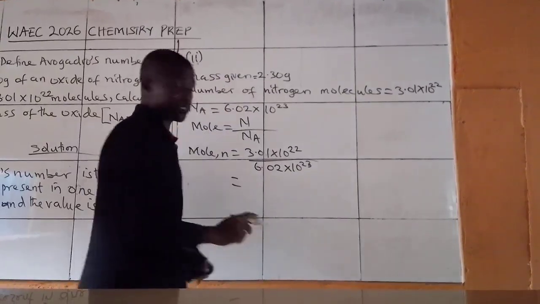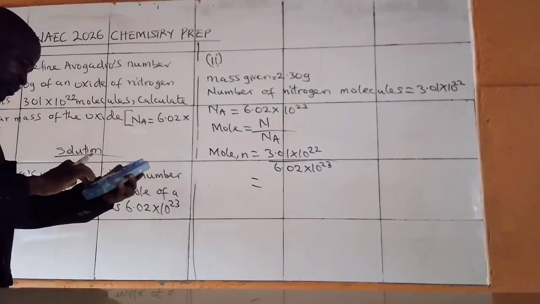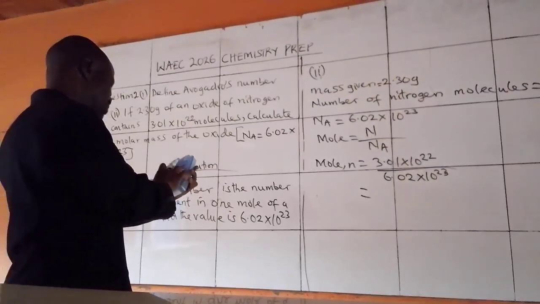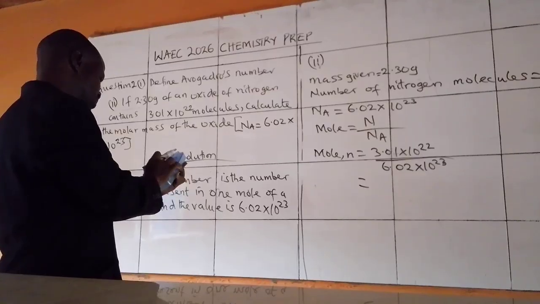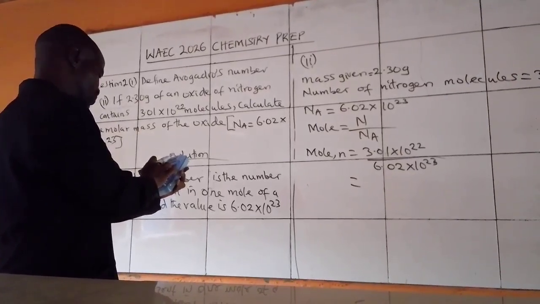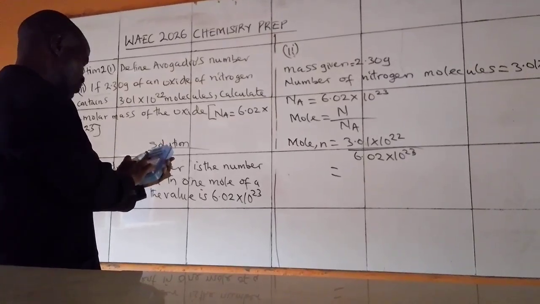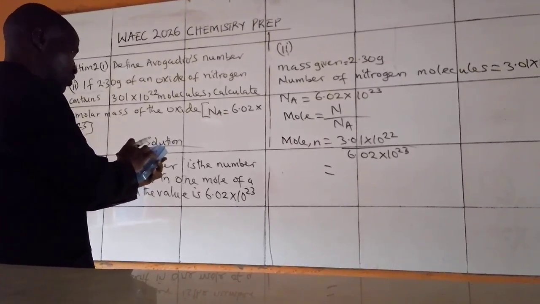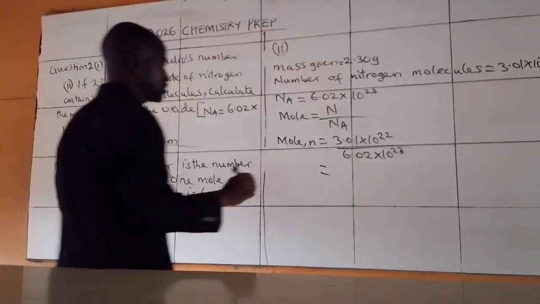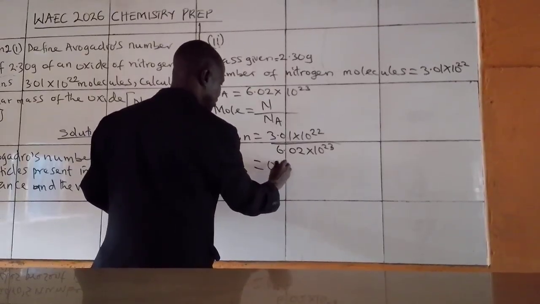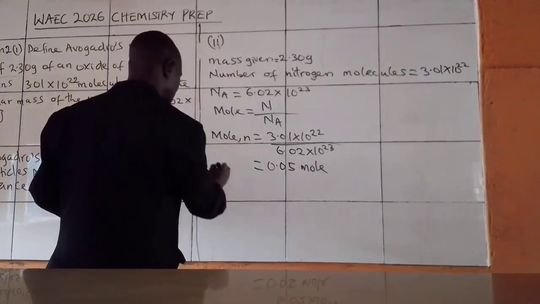By the time we use our calculator, we have 3.01 multiplied by 10 raised to power of 22 divided by 6.02 times 10 raised to power of 23. We have 0.05 mole.